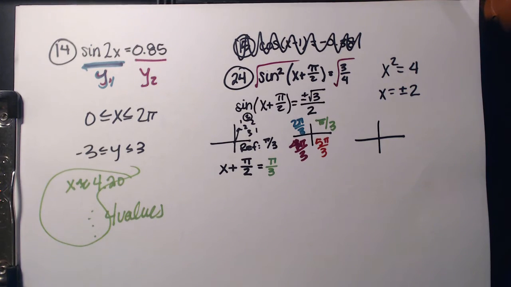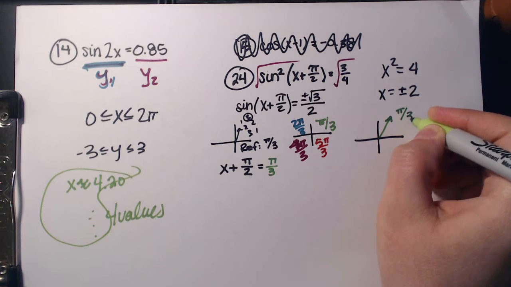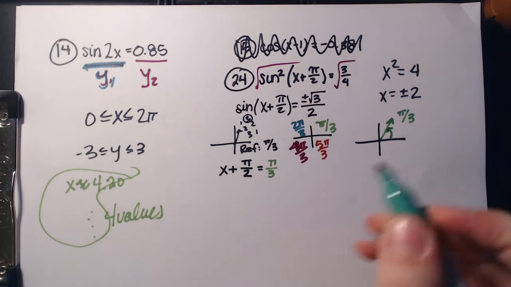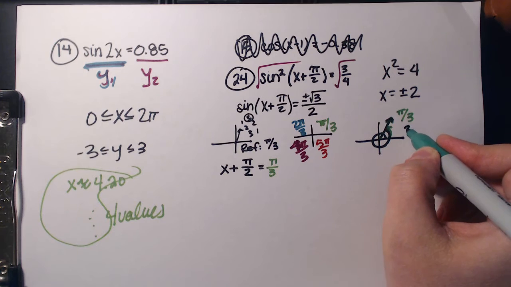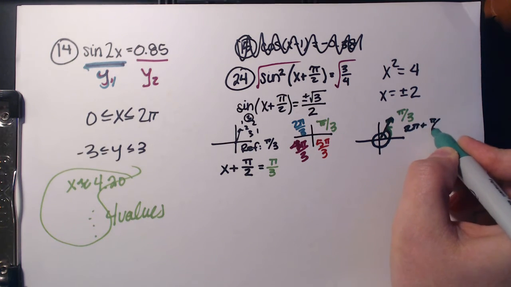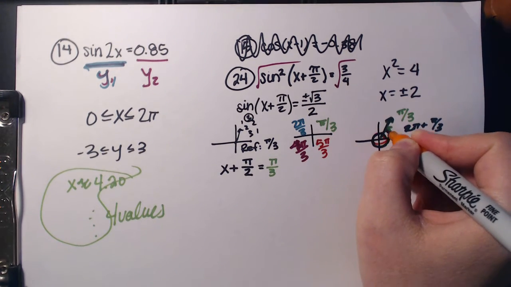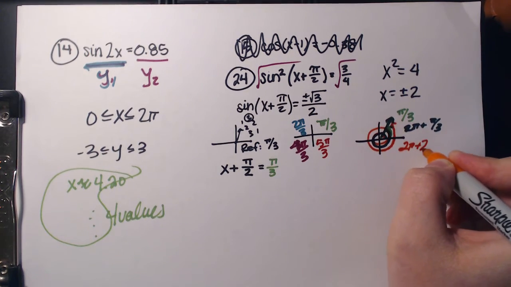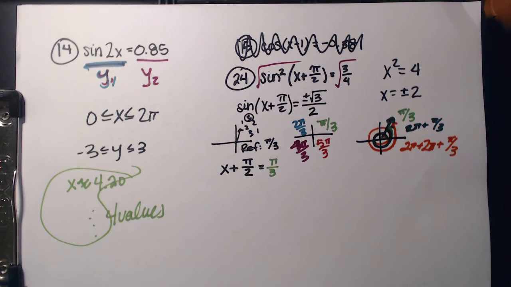So if we look at just the pi thirds angle, that's pi thirds. But I could also do a full rotation and then go there. So that would be 2 pi plus pi thirds, because I went a full rotation and then I kept going. I could also do 1, 2, and then a little bit. So 2 pi plus 2 pi plus pi thirds. Those are all going to be coterminal angles.